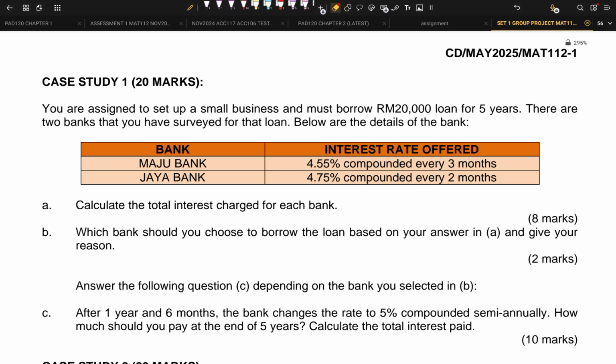Which bank should you choose to borrow the loan based on your answer in A, and give your reason?